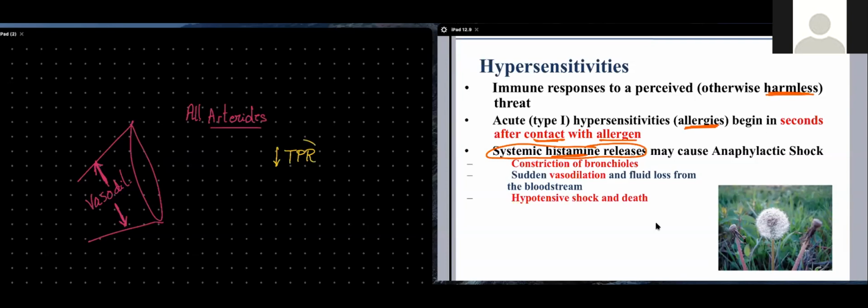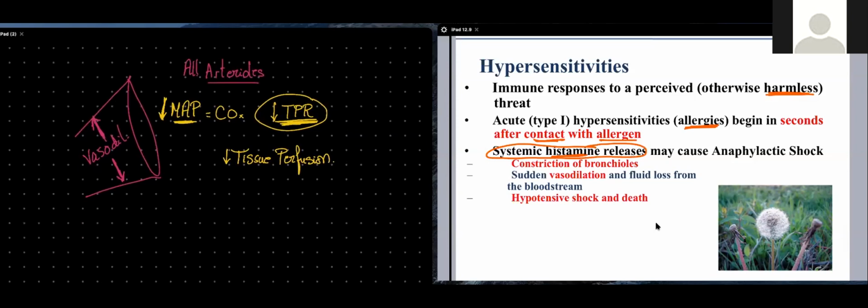And if you are reducing the total peripheral resistance, what's going to happen to your arterial pressure? This will cause a major drop in my blood pressure. And if I reduce the blood pressure, this results in a reduction in my ability to deliver blood to my tissues. I have a reduction in my tissue perfusion.